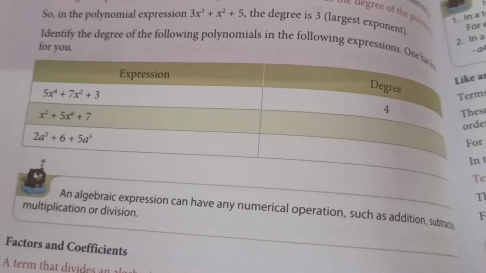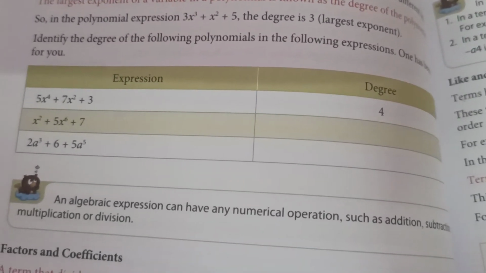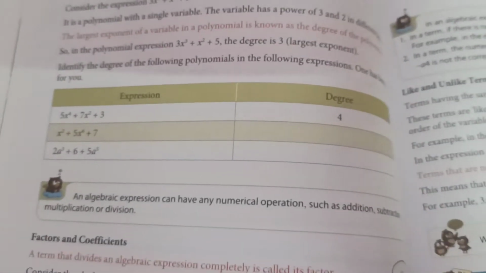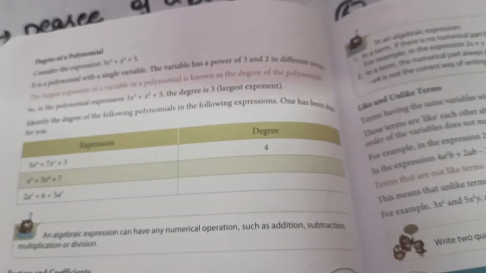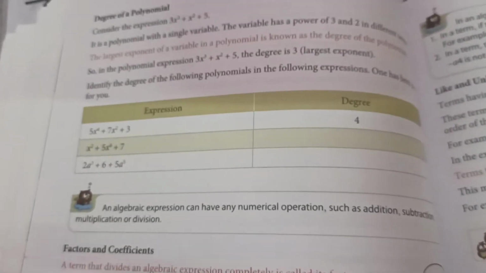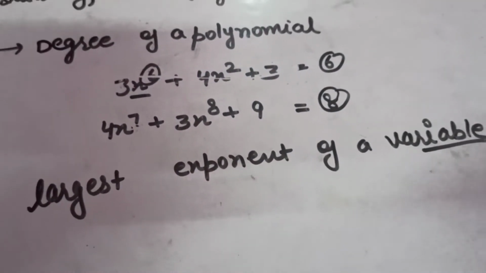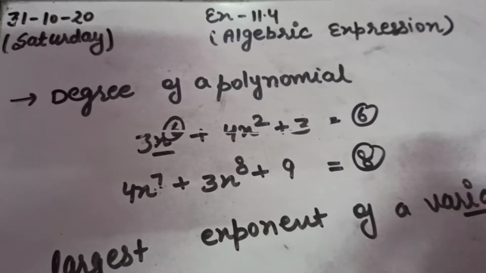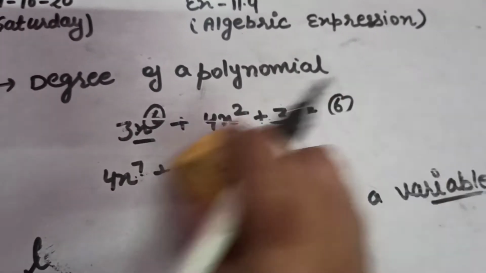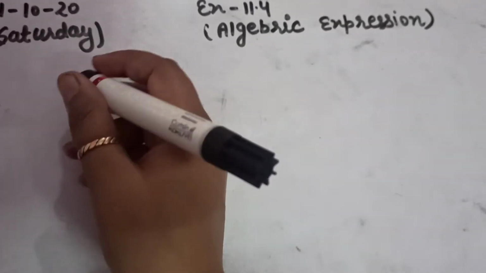After this, factors and coefficient. The next topic is factor and coefficient. So come to the next one, that is about the factors and coefficient. About coefficient, I told you earlier also when we discussed the variables.